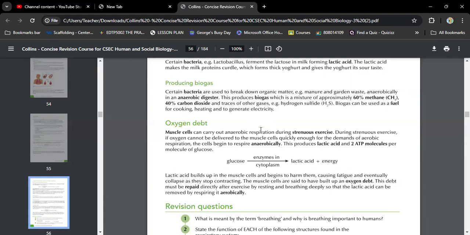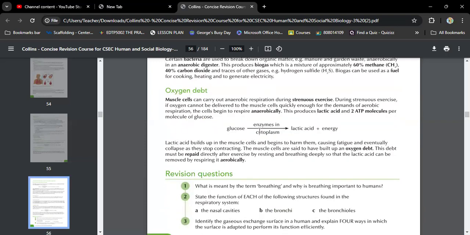This produces biogas, which is a mixture of approximately 60% methane and 40% carbon dioxide and traces of other gases. This gas or biogas can be used as a fuel for cooking, heating, and generating electricity. So farmers who utilize the gases produced on farms back into their farm is actually making a really good decision, right?